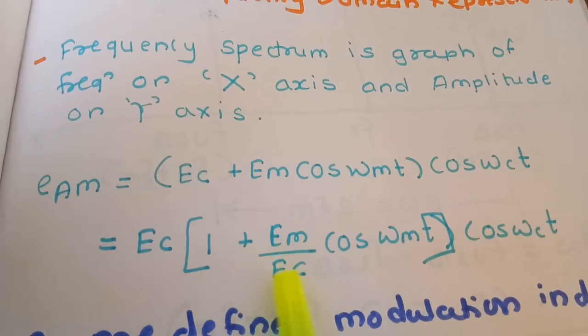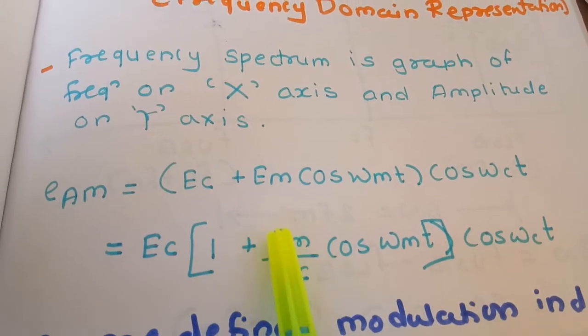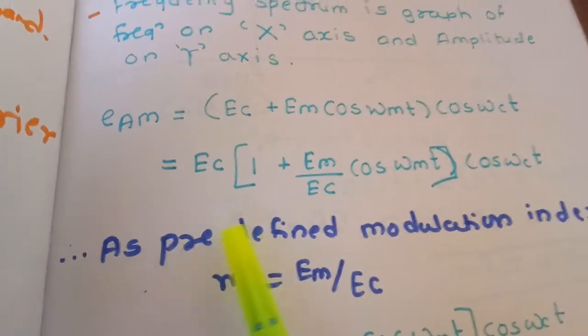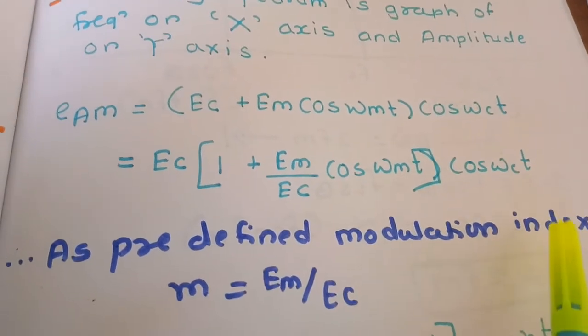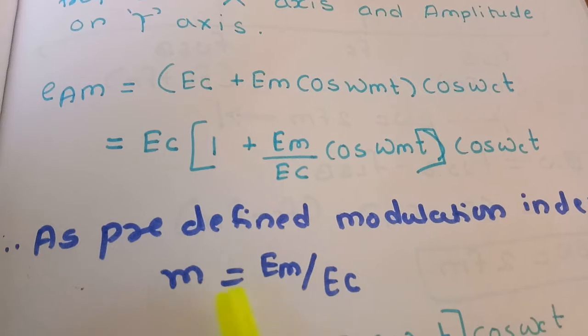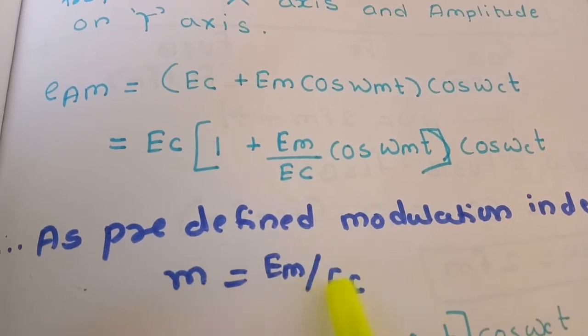We simplify this term using M, the modulation index. In the last lecture we saw what modulation index means. The value of the modulation index is between 0 and 1.